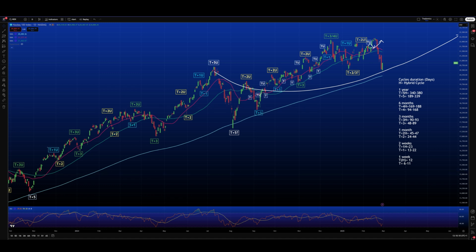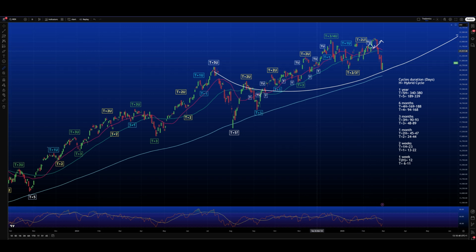So let's start immediately with the Nasdaq 100. And as for the last analysis, what I was saying here was that we could have had the possibility either to start a retracement from this top here, or to continue in order to have more days for a monthly upward cycle. So from this top that was done on the 24th of January 2025 until this top here, we have had 17 bars.